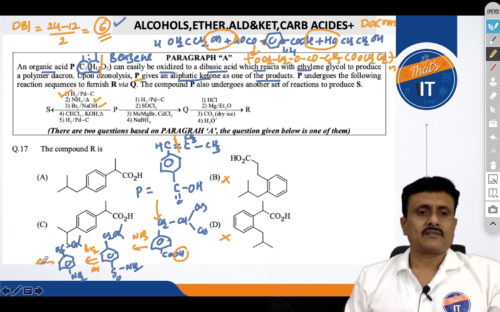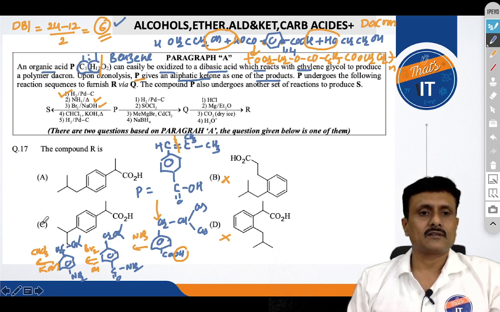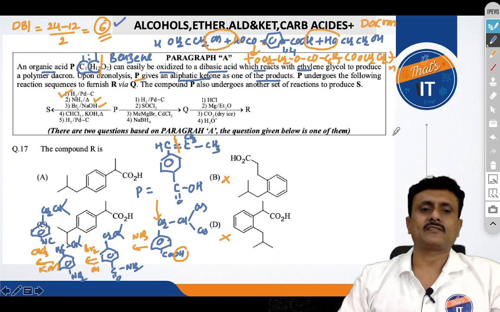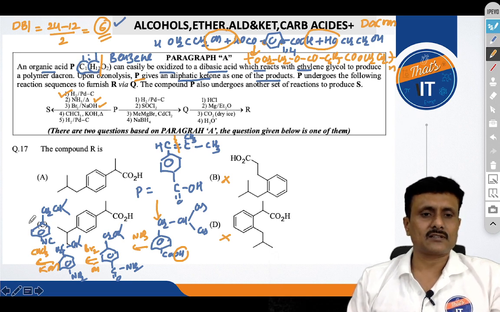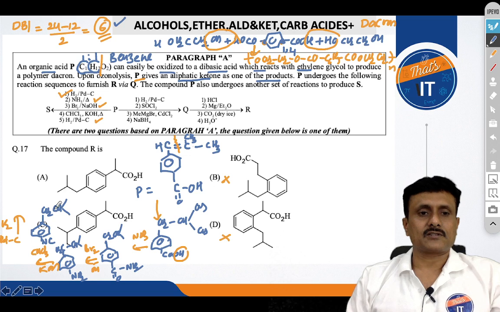Now you know that when treated with chloroform and KOH, the very popular isocyanide reaction, what do you get? You will be getting a benzene with this substitution, and this whole thing will be converted into NC, isocyanide. Now you know isocyanides upon reduction using hydrogen in presence of palladium charcoal give rise to a secondary amine.